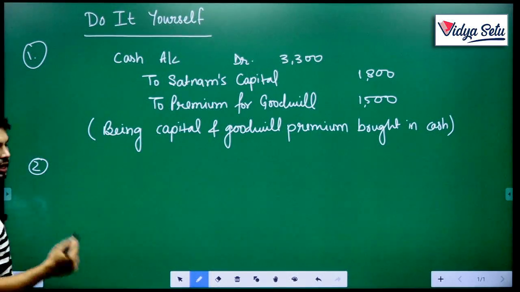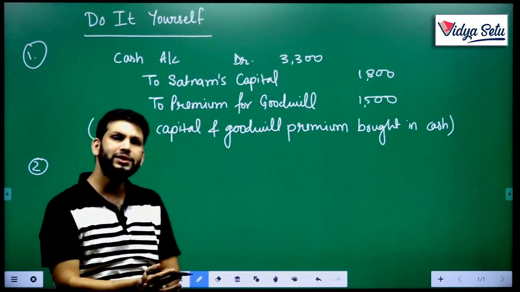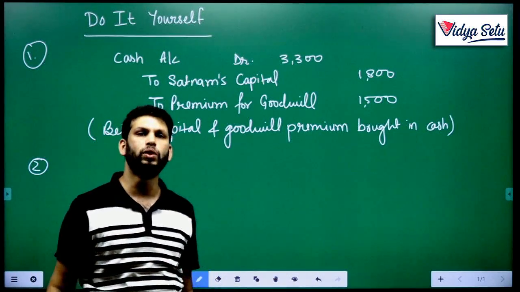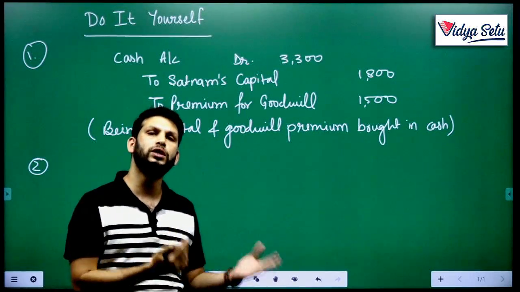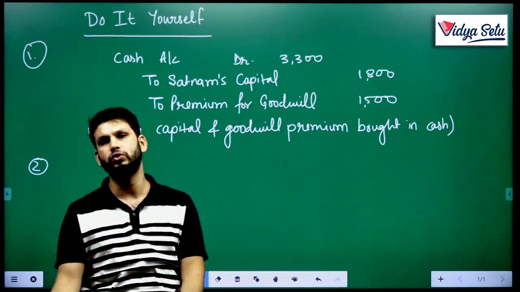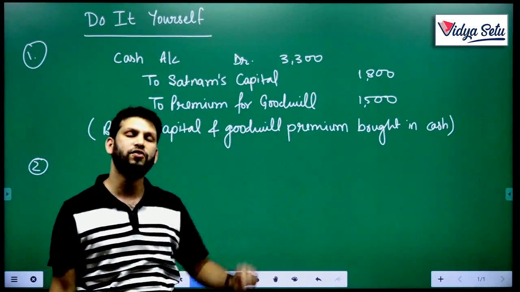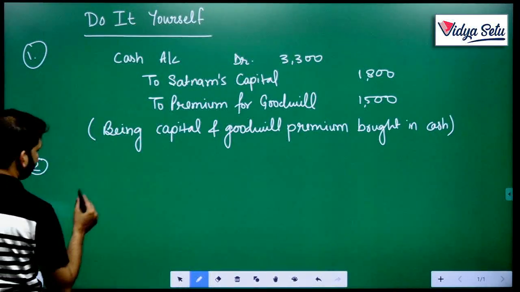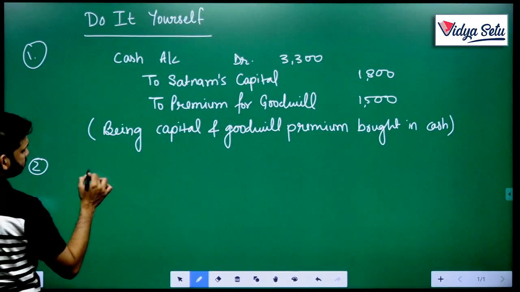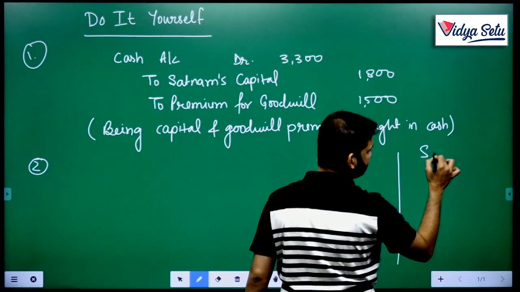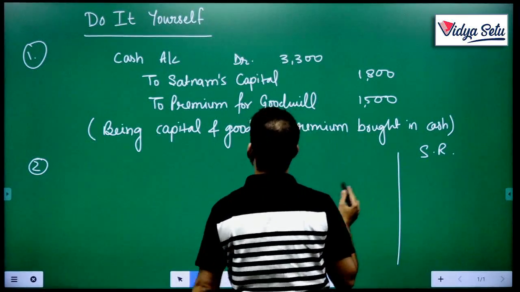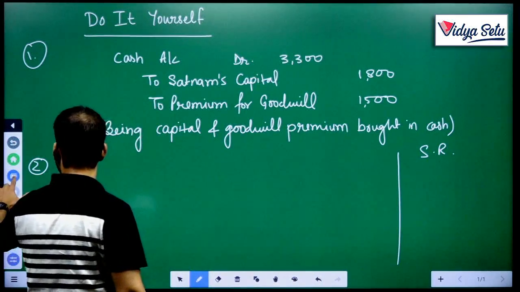Now the next entry: what we'll do with this premium for goodwill, we'll distribute to the old partners in the sacrificing ratio. See, what will be the sacrificing ratio? It will be equal. We know the old ratio, we know the new ratio. Old ratio was 1:1:1, the new ratio is 1:1:1:1. So everyone will be sacrificing equally. So let's find out the calculation of sacrificing ratio for Aslam, Jacob, Hari.